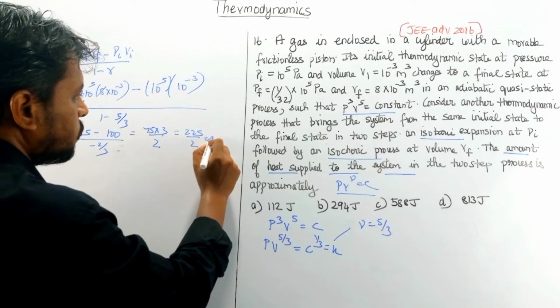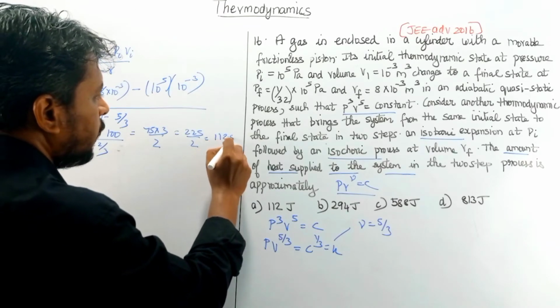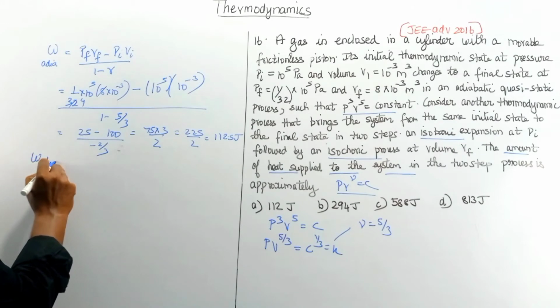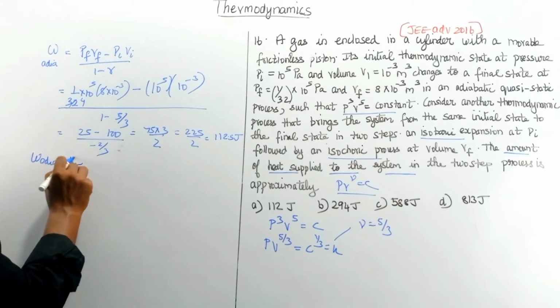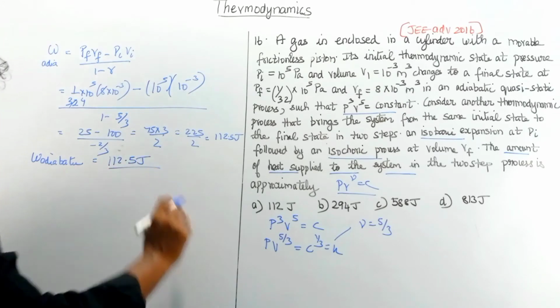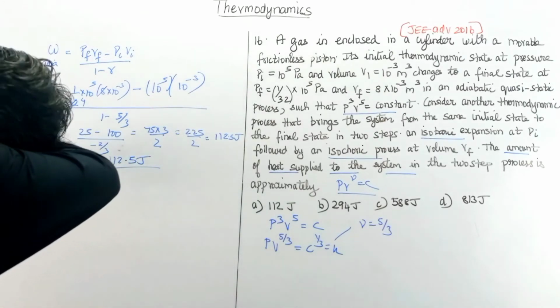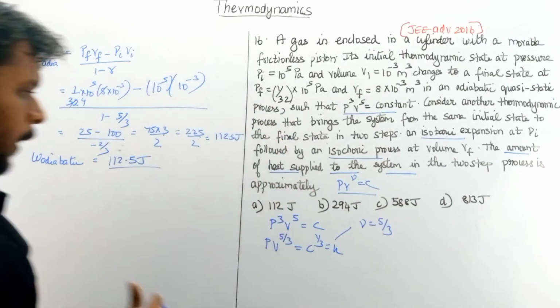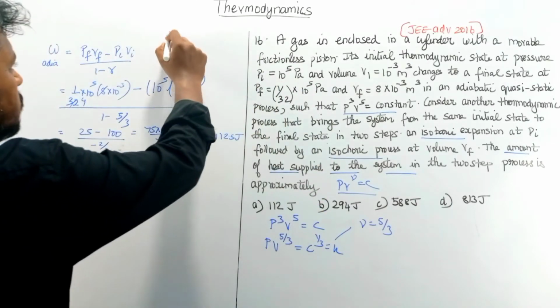We will get approximately 112.5 joules. So the work done in the adiabatic process, we have got 112.5 joules. Okay, so this is the diagram.